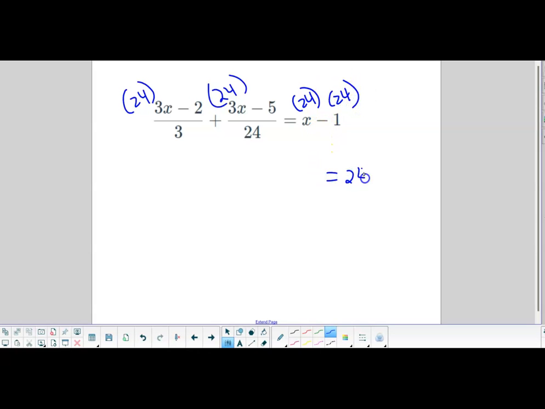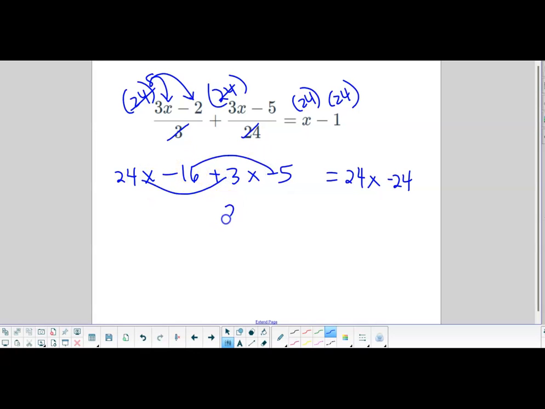So this side would be 24x minus 24. And these here I'm going to divide first, and I'm going to distribute that 8. So 24x minus 16. And this one has nothing to distribute. I'm going to combine like terms: 27x, I think that's a minus and a minus, so 21.